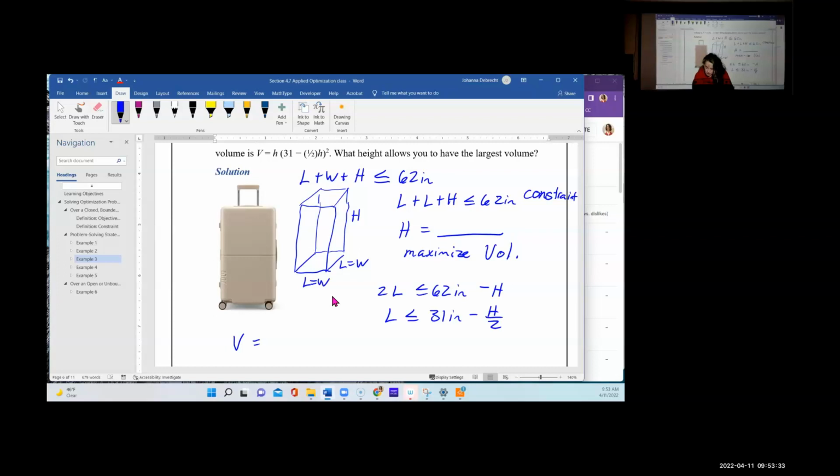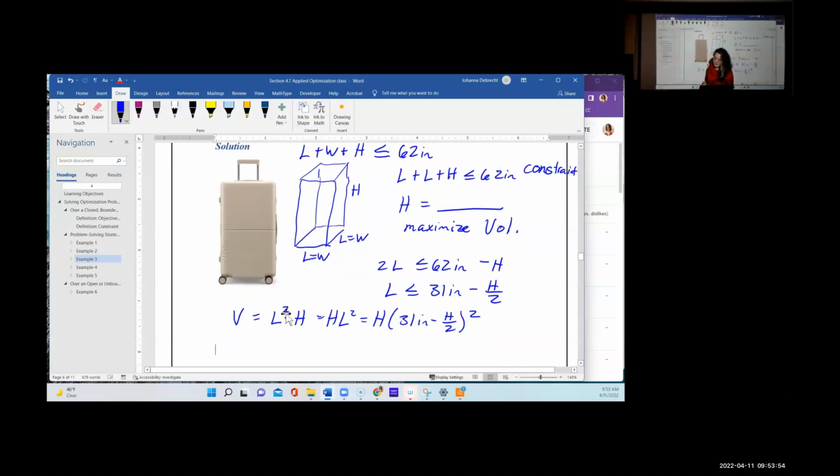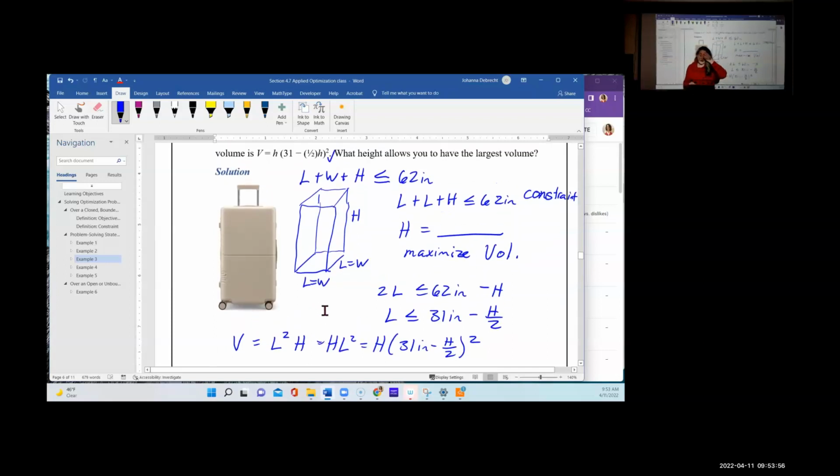So my volume is going to be L squared H, or HL squared. So I'm going to have H times 31 inches minus H over 2 quantity squared. Well, that's what they asked me to find for the first one, so I've done the first part. The second part is what height allows you to have the largest volume.